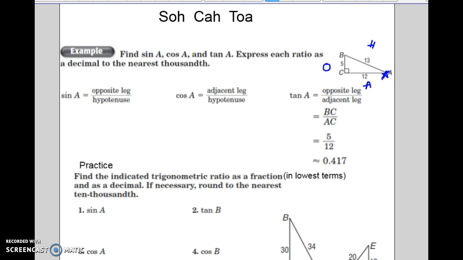Okay? If I'm going to do the sine of A, remember sine is the S, and it stands for opposite over hypotenuse. What's my opposite side? 5. So this would be the sine of A is 5 over the hypotenuse, which is 13. Very good. In your calculator, because they only want a ratio, they're just asking you to set it up, not solve it.